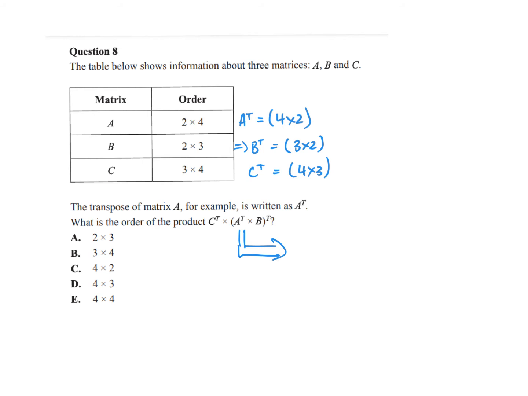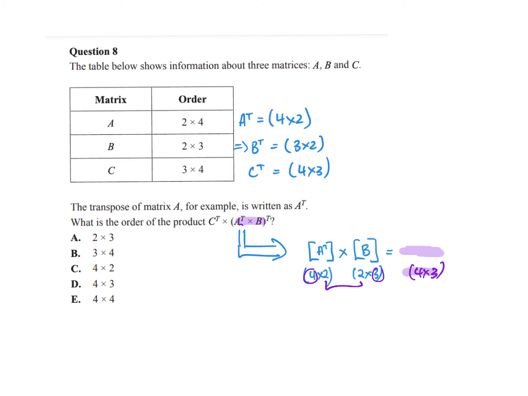So we had matrix AT and we multiplied it with matrix B. The order of AT is a 4 by 2 and B is a 2 by 3, so my answer will be a 4 by 3.